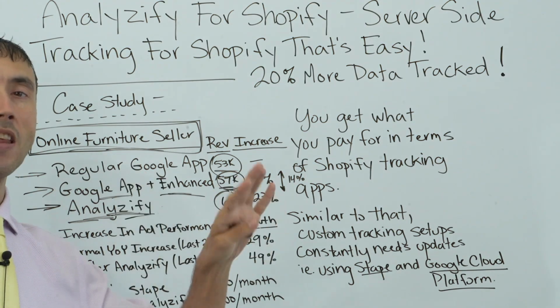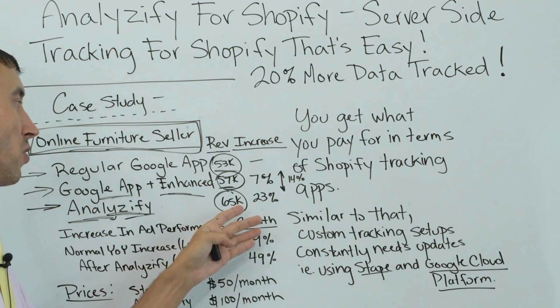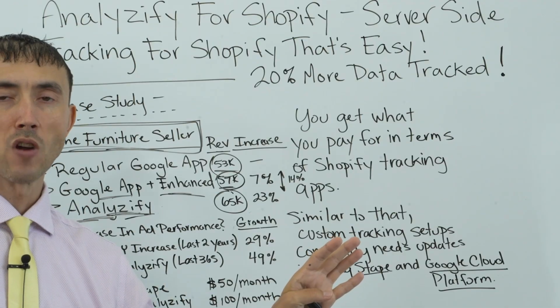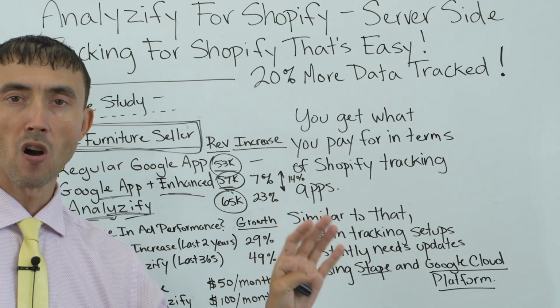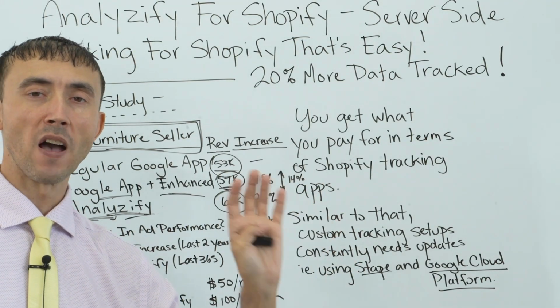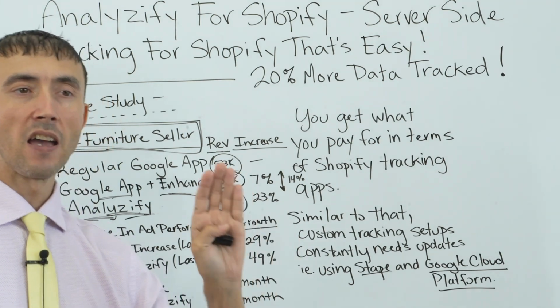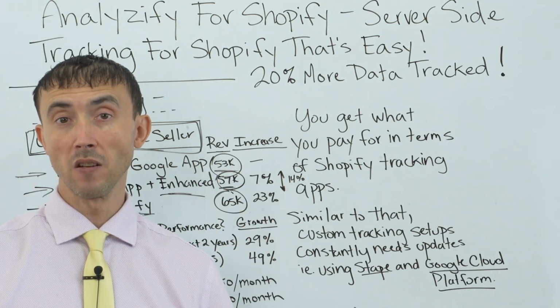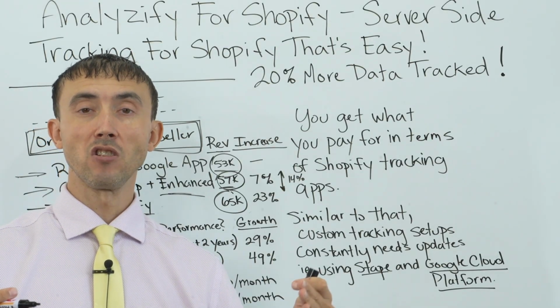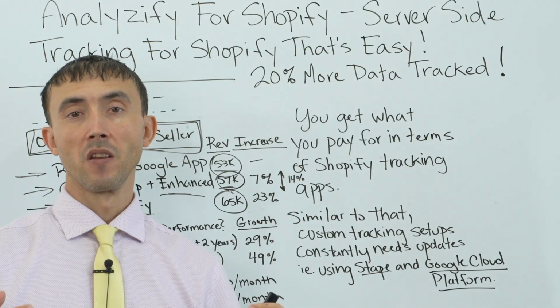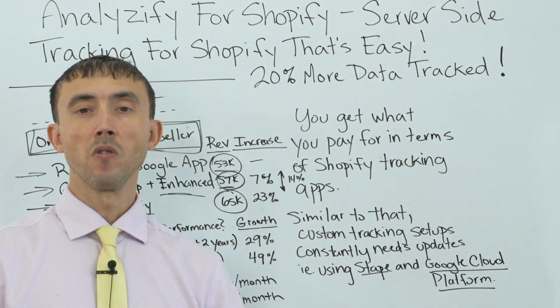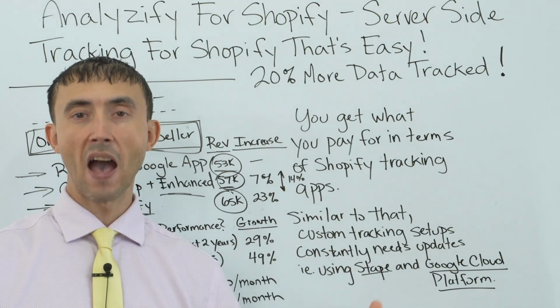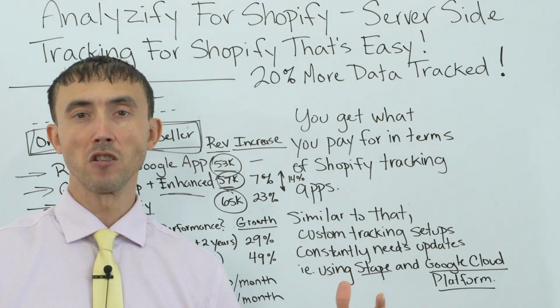So if you're not even doing enhanced conversion tracking, you can get a 23% increase in conversion tracking done through the cart just by switching to Analyzify, given that Analyzify used to have server-side tracking as an option that was more expensive. Now they're very smart about it, telling people it's baked right into the cake, you have to have the server-side tracking now, so they just charge more and that's it.